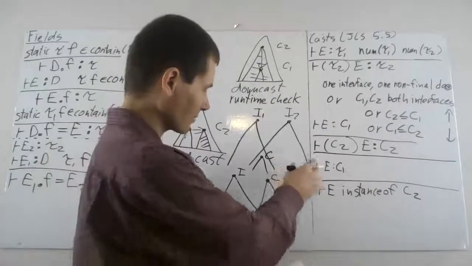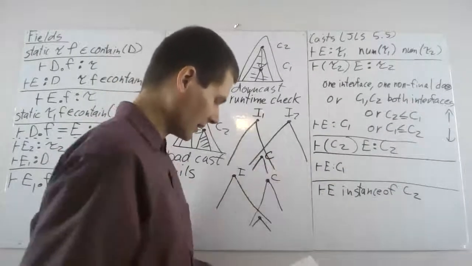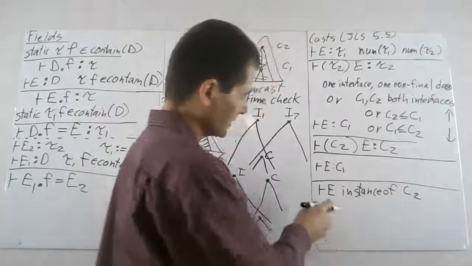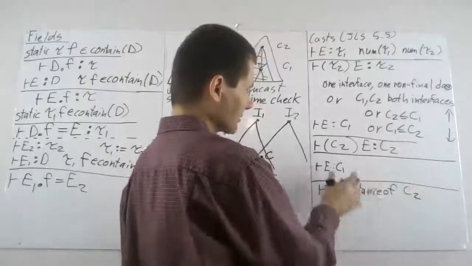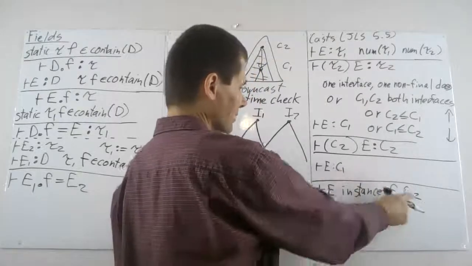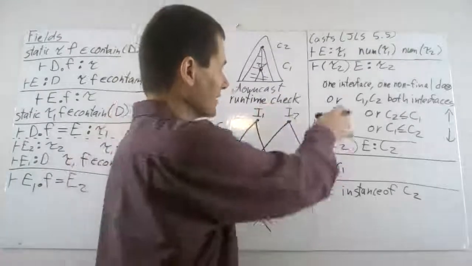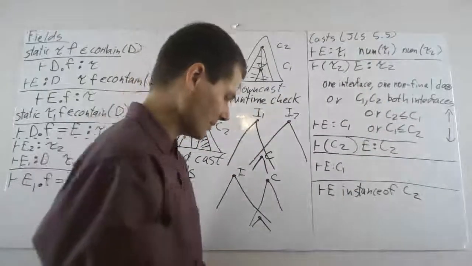And in this case, it had better be a class type. And then, what is the relationship between C1 and C2? Well, the spec says it's exactly when you're allowed to do the cast, right?